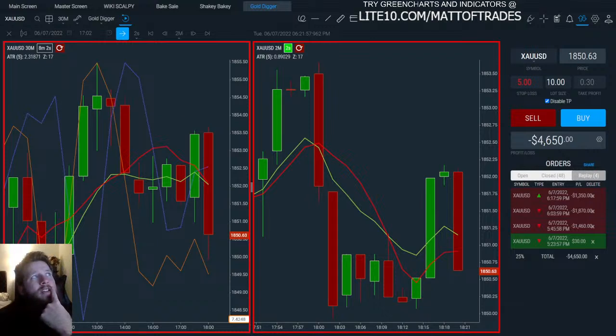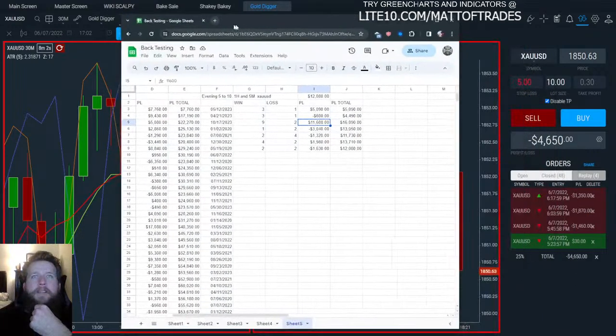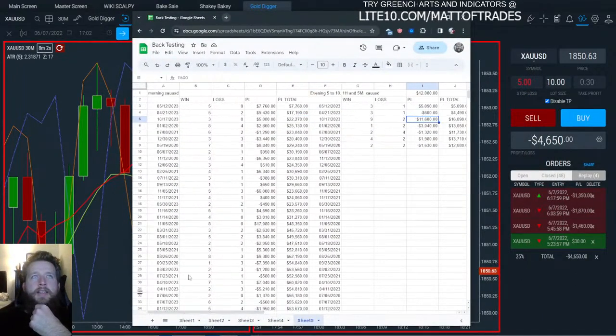Yeah, and that's the only reason why we're looking at longer time frames, when normally I'm looking at a 5 minute and a 1 minute chart. So this is a 30 and a 2, which still is kind of weird. Just to show you, this is our normal strategy on gold.